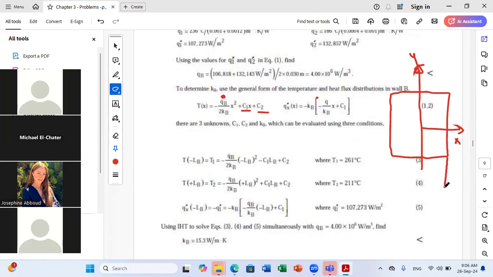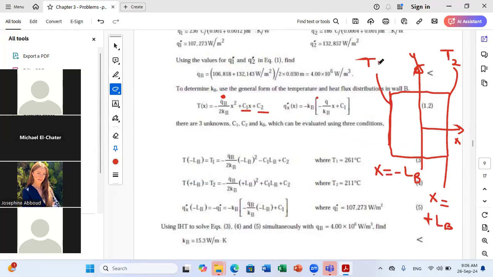So at this level x equals plus LB, and we have the temperature here. At x equals plus LB, they provided us with T2. And at x equals minus LB, the temperature is given to be T1.